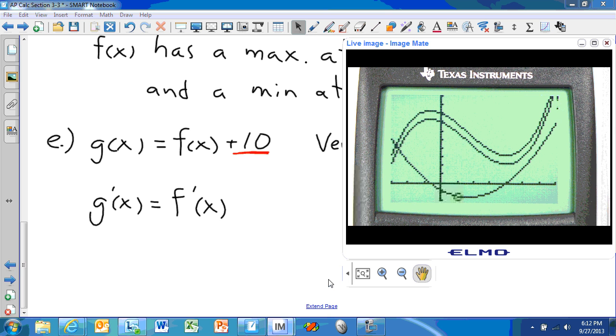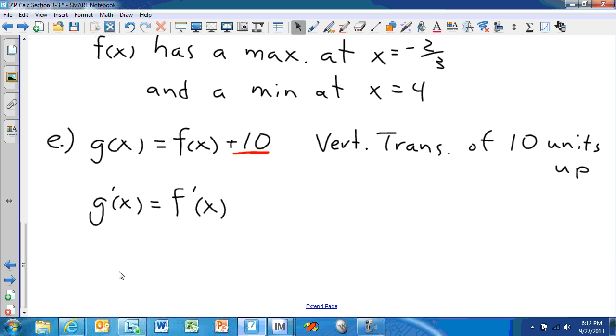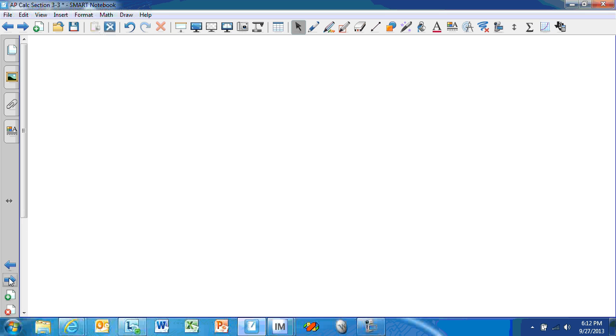We were pretty sure that when we sketched this thing, that g prime was going to equal f prime. And that's what that graph there shows us. All right? And that's what the last two parts of part E ask you about, the relationship between f and g, and the relationship between f prime and g prime. All right, that is the end of this section for us.